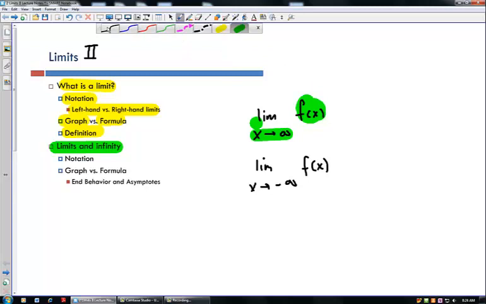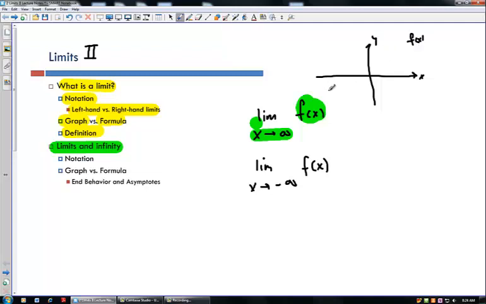So as a simple example, here's my x and here's my y-axis. And if I have my function here, f of x, and let's say it comes up, and it comes down, and it heads towards 0, like that. So y equals 0 is going to be a horizontal axis. So the idea is as x goes to infinity, as you go all the way to the right, this graph is getting ever and ever closer to the height of 0.